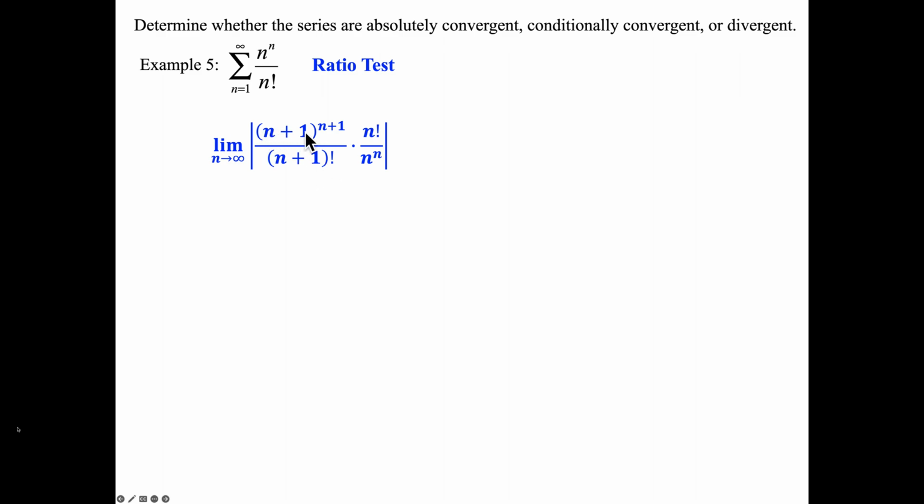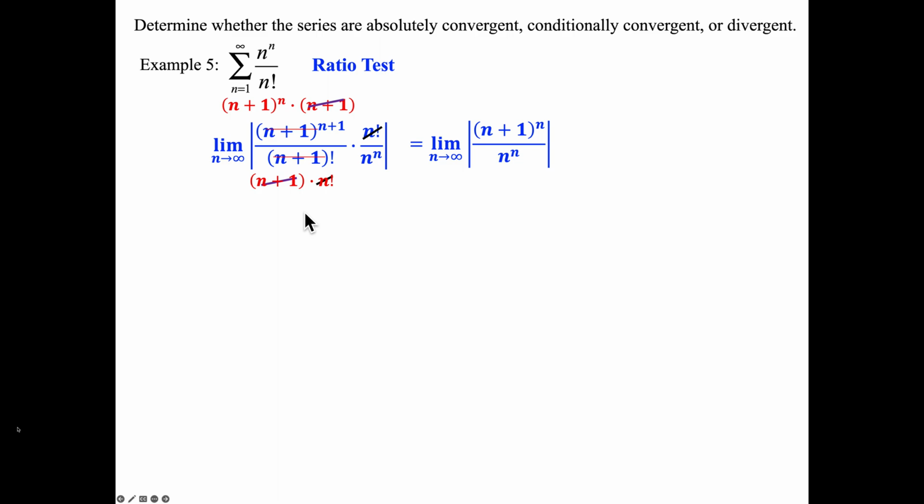And so now we're going to start breaking down. This will be n plus 1 to the n power times an n plus 1. My n plus 1 factorial will become n plus 1 times n factorial. So we can cancel the n plus 1 with this n plus 1, this n factorial with that n factorial.